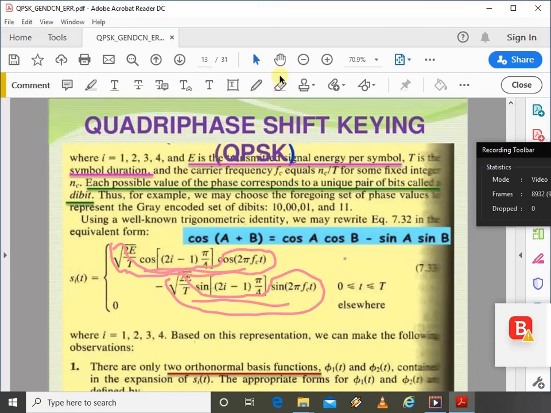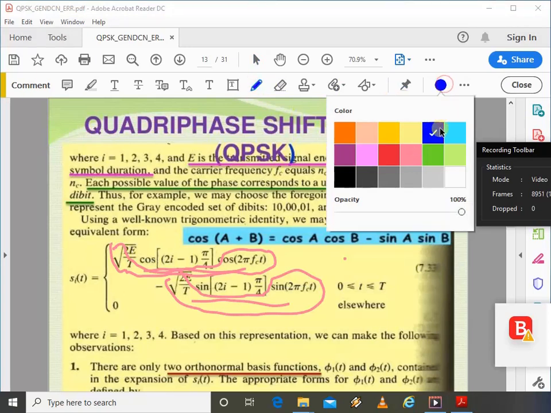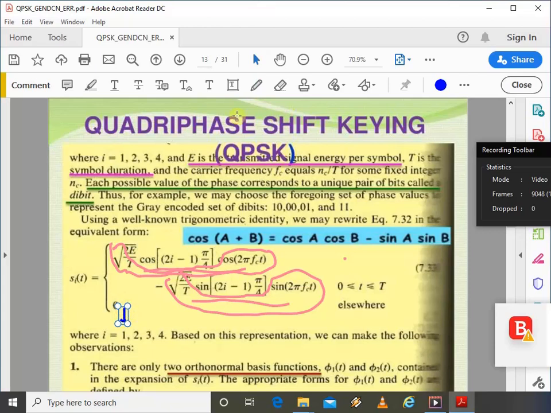I can modify this as, once you take square root of 2 by T cos 2 pi fc t as phi 1 of t, what is the remainder now here? Square root of E cos of (2i minus 1) into pi by 4, into phi 1 of t.